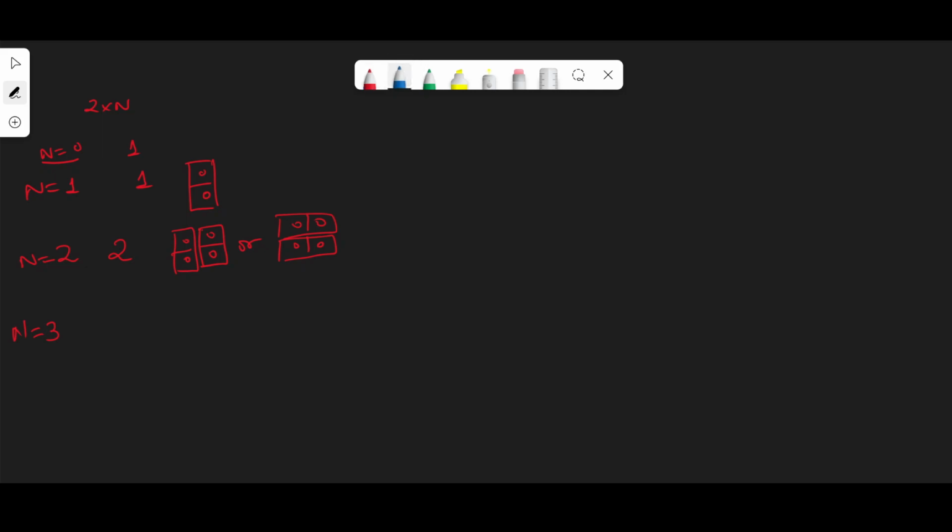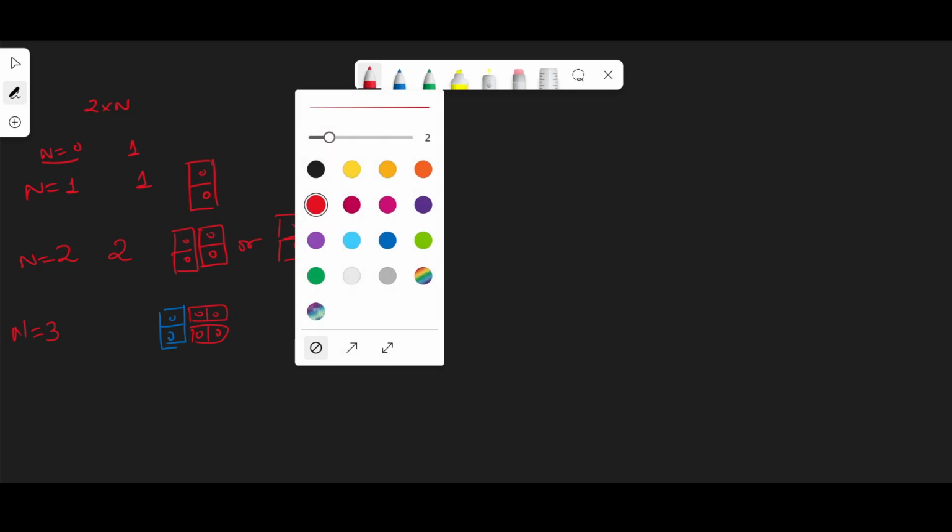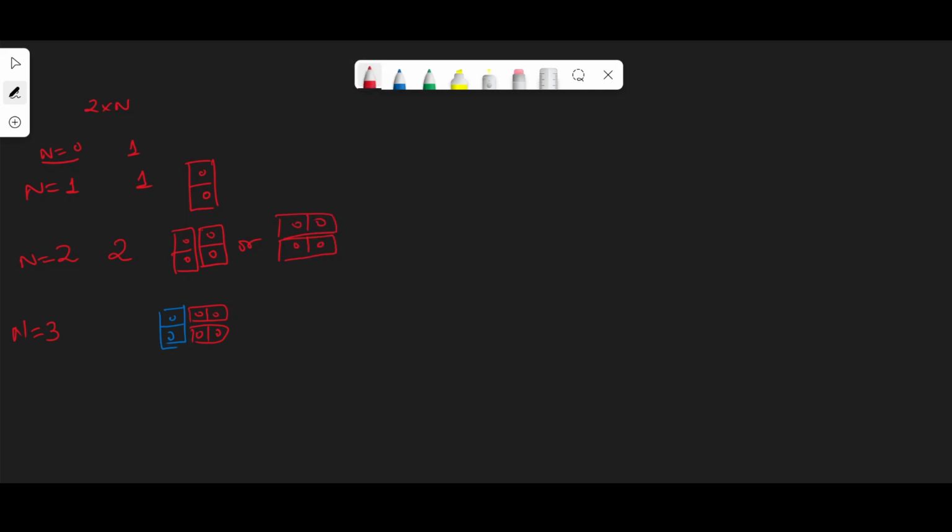The five different ways are: you take one vertical tile and then you follow it with the two horizontal tiles. And this one vertical tile could also come at the end, and you add a vertical tile here. Those are two ways.